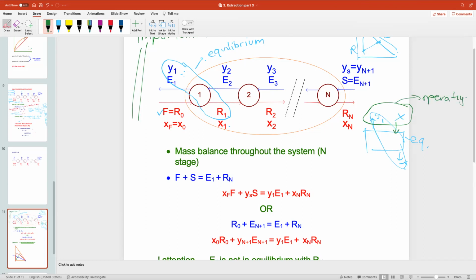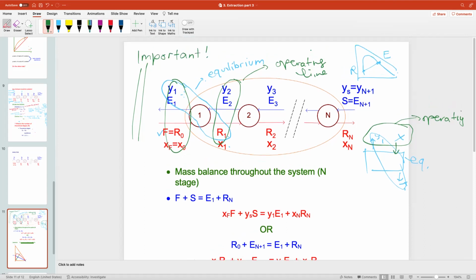So we can also get the correlation in the vertical one, for example around this area or around this area, by finding what we call the operating line. So it is actually similar with the distillation, where there's equilibrium and operating line.